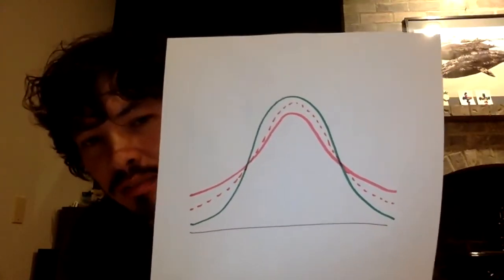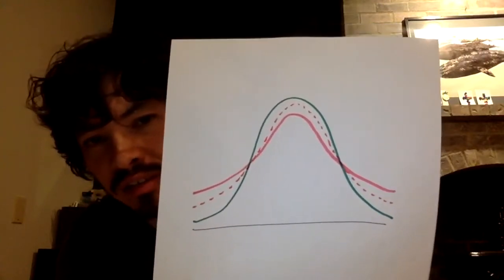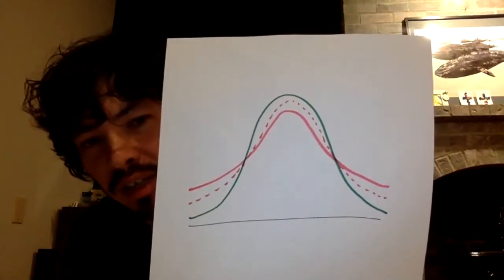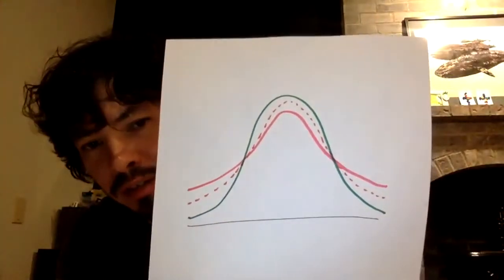You can see that the t model has more probability in the tails, fatter tails, and less in the middle. So there's more spread in the t models. I say t models because the t model will change depending on the sample size.